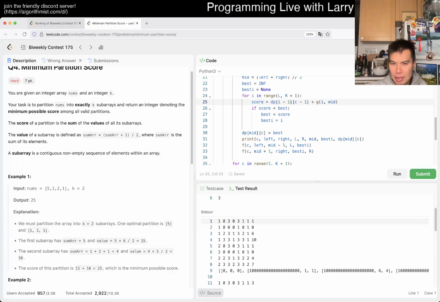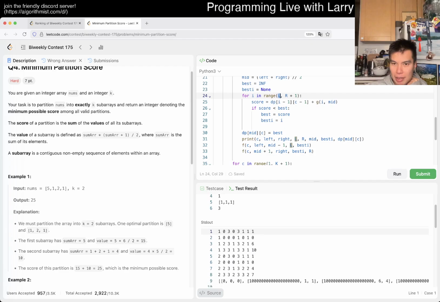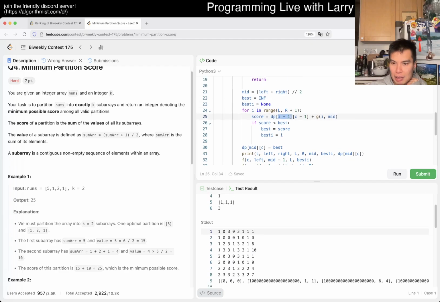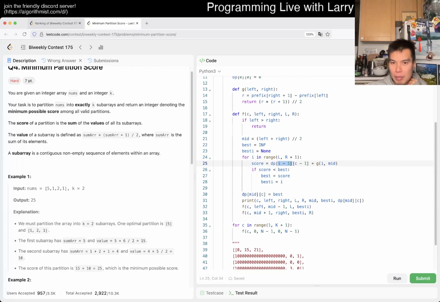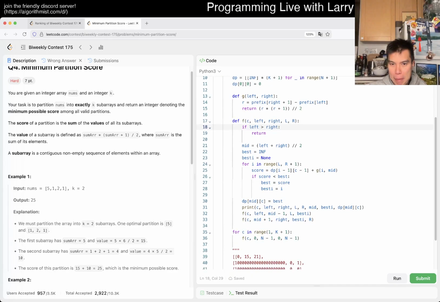So L is equal to 0, this is awkward, right? Maybe I need to fix some stuff. Yeah, I think I need to fix this, because otherwise this is just nonsense. Okay, that's fine. I should have done it that way anyway. dp mid plus 1.